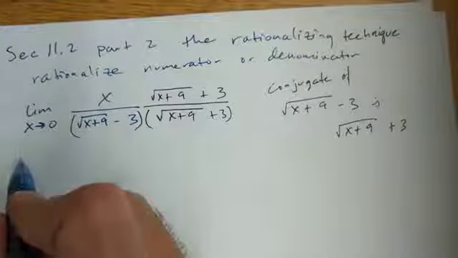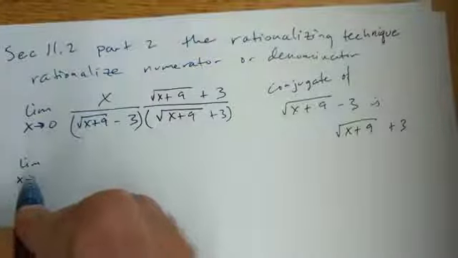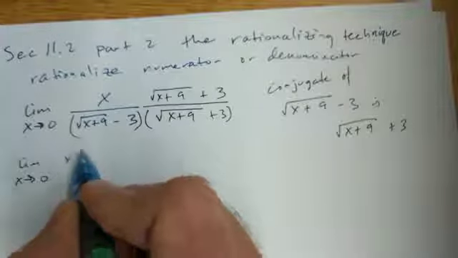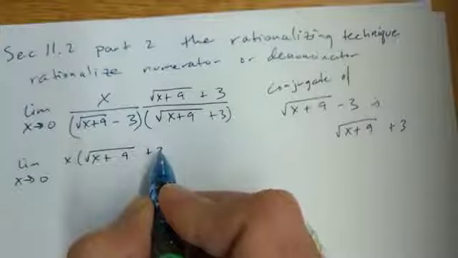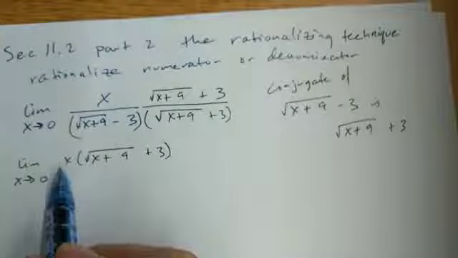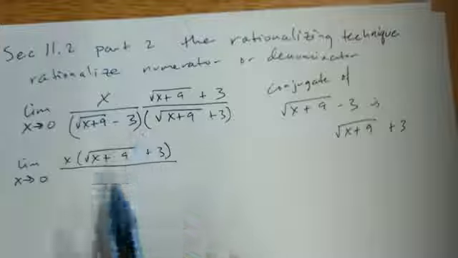And now then, we'll have the limit as x approaches 0 of x times the square root of x plus 9 plus 3. Just wait to distribute this numerator. We are going to distribute our denominator, though.